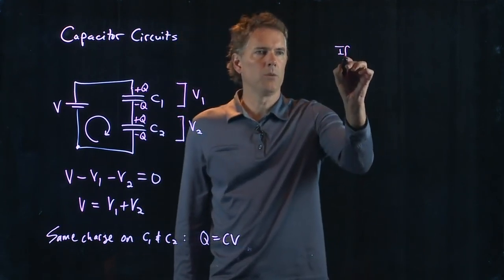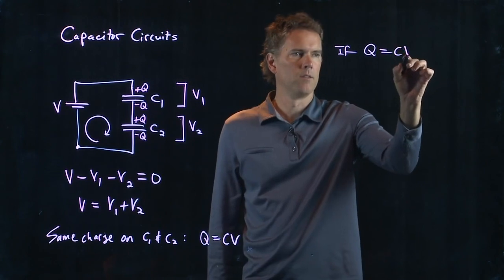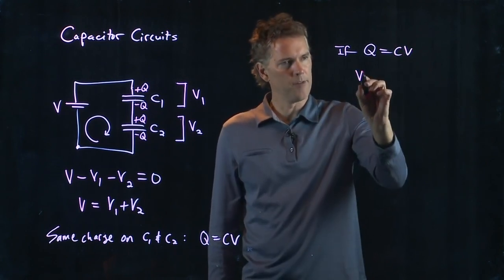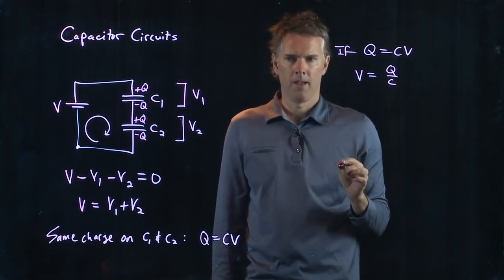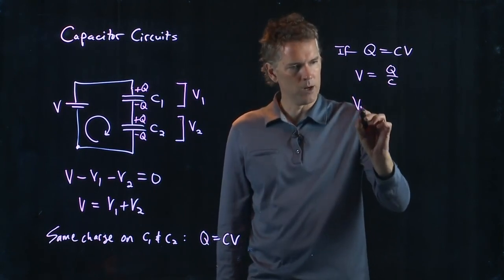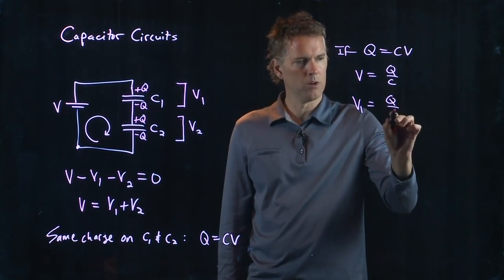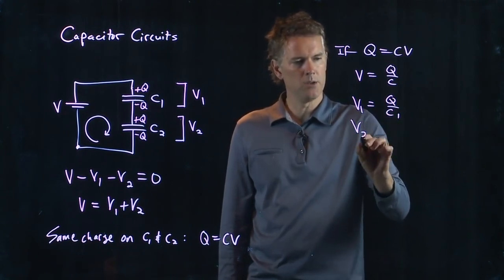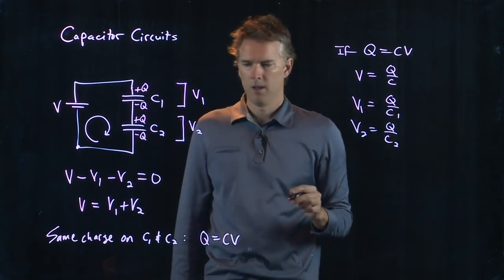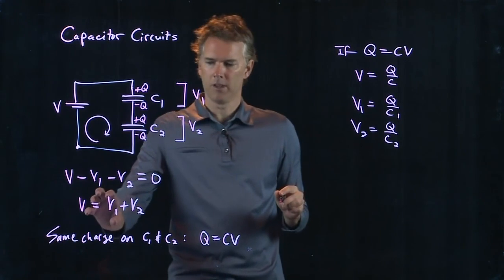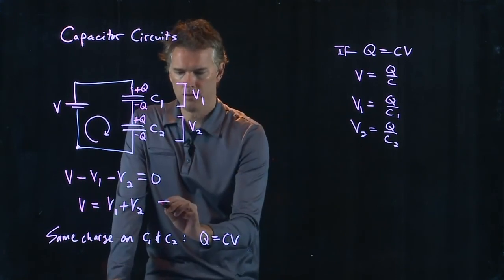So if Q equals CV, then we must have V equals Q over C. And therefore I can write V1 equals Q over C1, V2 equals Q over C2. And now I can take those two things and stick them right into this equation.